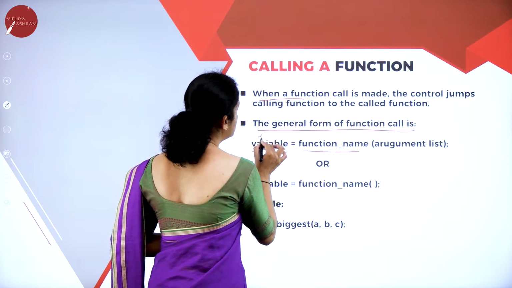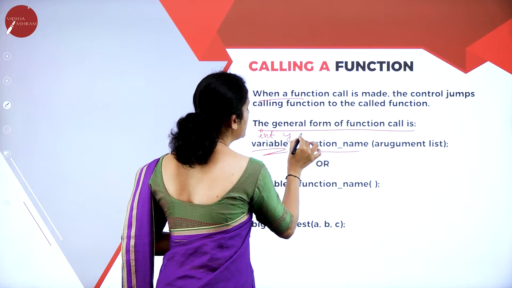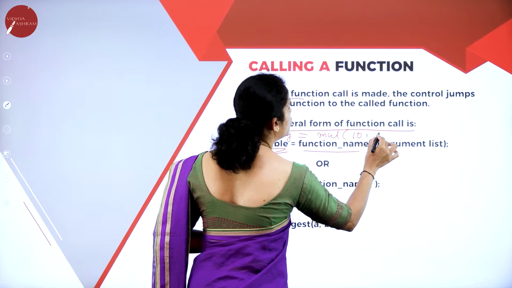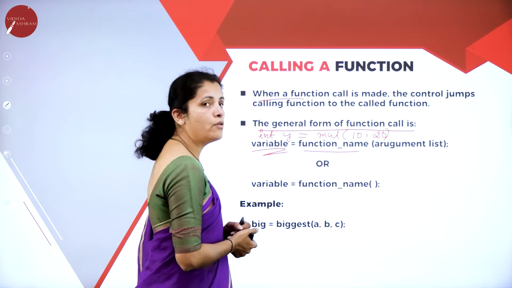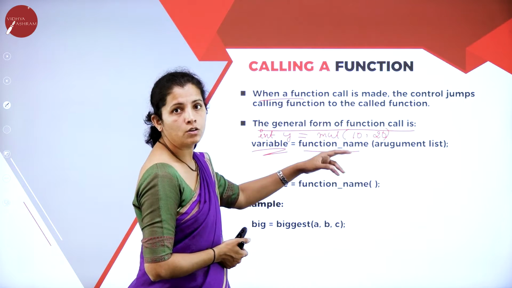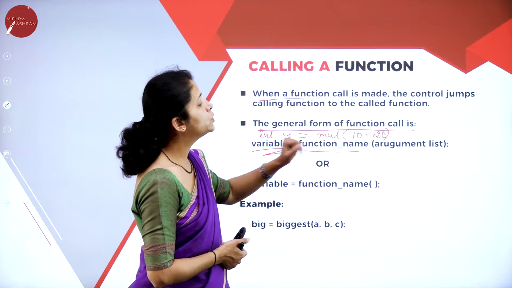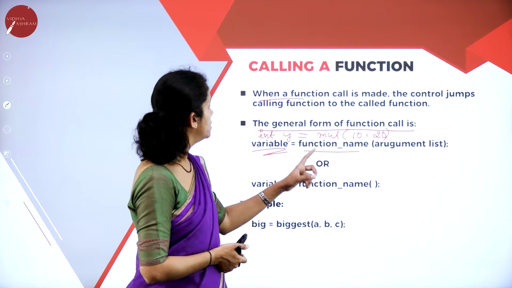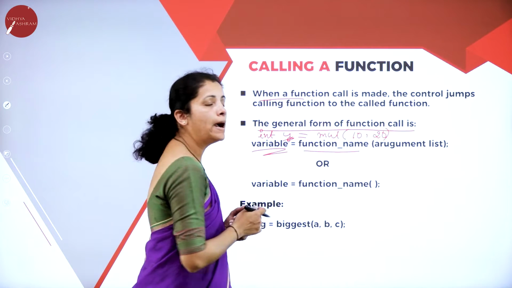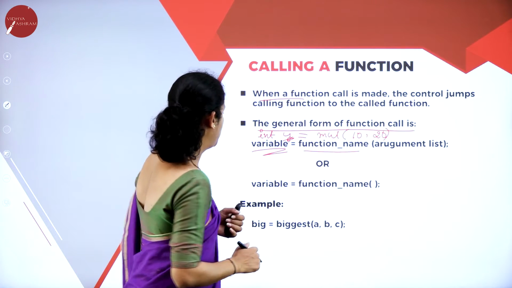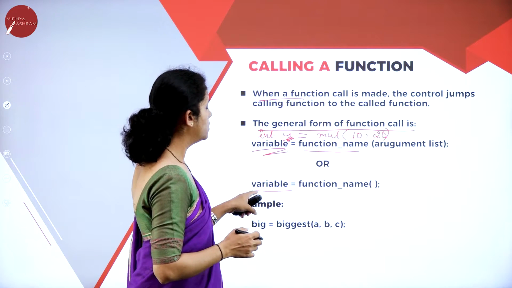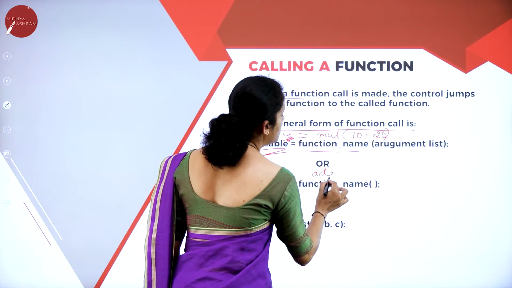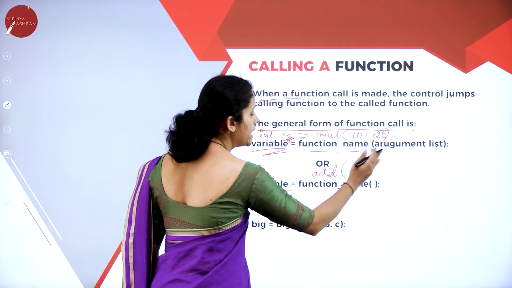For example, say int y equal to multiplication, then I'll pass 10 comma 20. So after performing the multiplication operation, the called function, that is mul, is going to return 20 into 10, that is 200, and it is held by the variable y. Now this is another type. Here I have the function name add, but I won't pass any arguments.